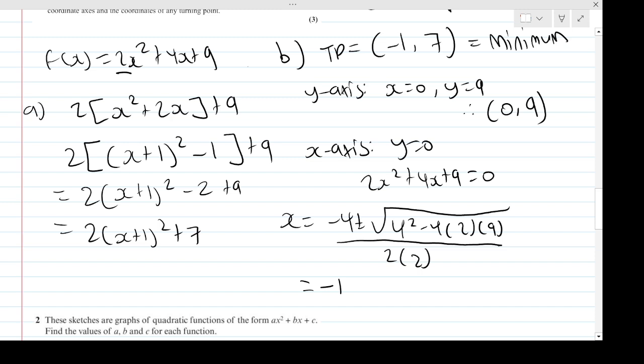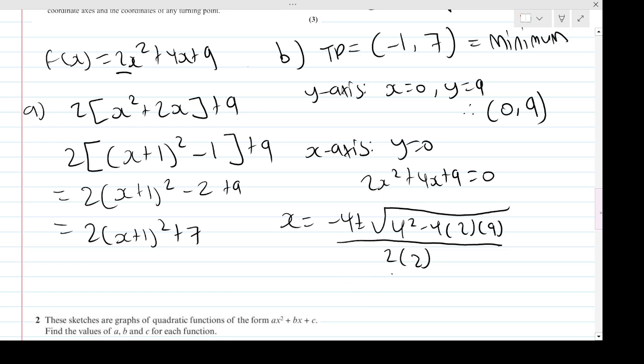I get minus 1 plus root 14 over 2i and then another one. But it's i again. Why am I getting i? Remember, if you see it in the normal math course, there's no actual solution. And that's again because of this square root.